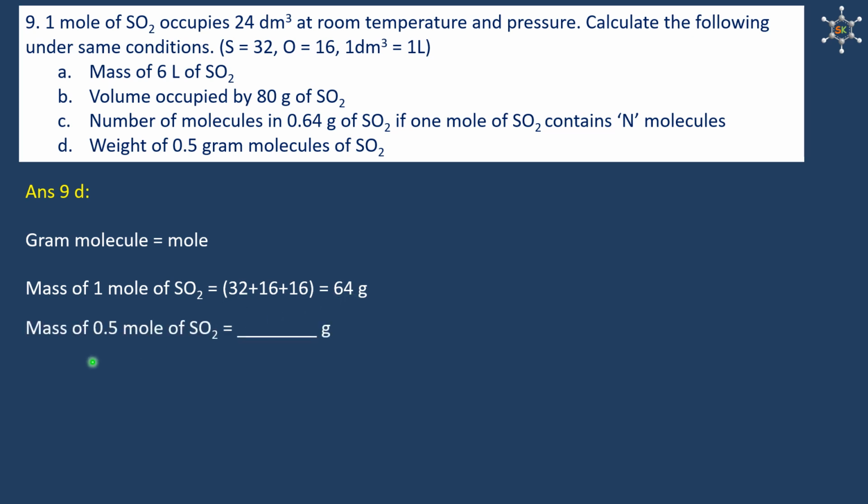So, the mass of 0.5 mole of SO2 we can calculate using the unitary method: 64 gram multiplied by 0.5 mole divided by 1 mole. This gives us 32. Mole and mole get cancelled. We will have gram as the unit. So, mass of 0.5 mole of SO2 is 32 gram.